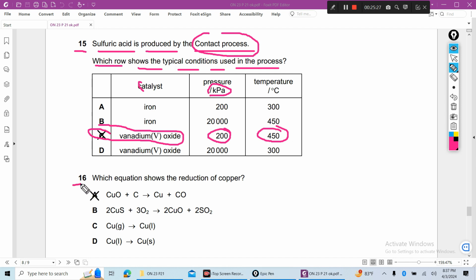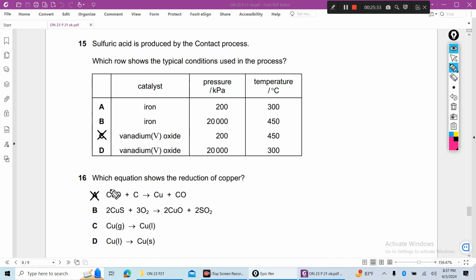Now 16. Which equation shows the reduction of copper? You see here copper 2+, here copper 0. So the answer will be A, because copper(II) oxide is reduced to copper. The copper oxidation number decreases from +2 to 0.